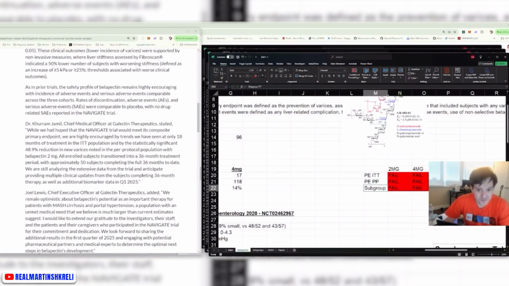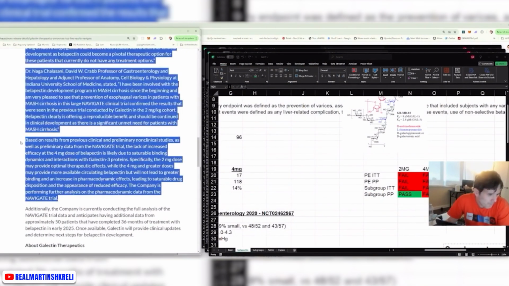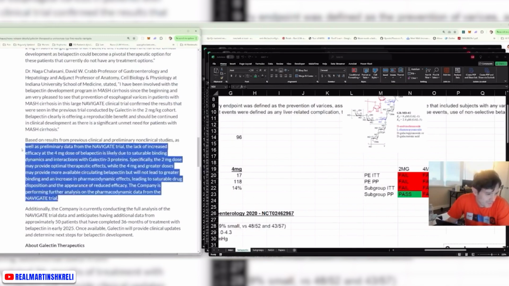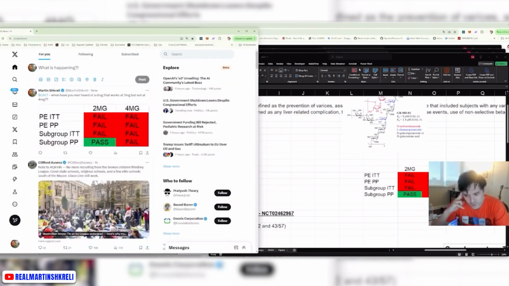Subgroup per protocol, and this is a nominal p-value. Pass, fail. And then what else? Saturable binding dynamics. What?